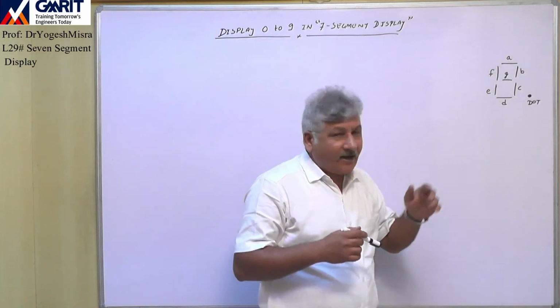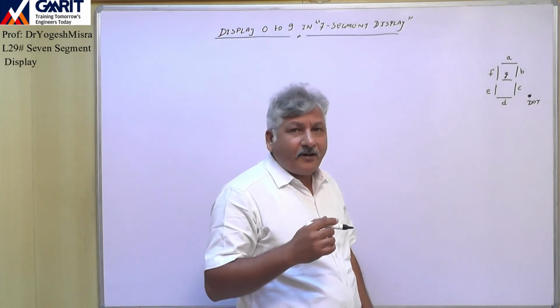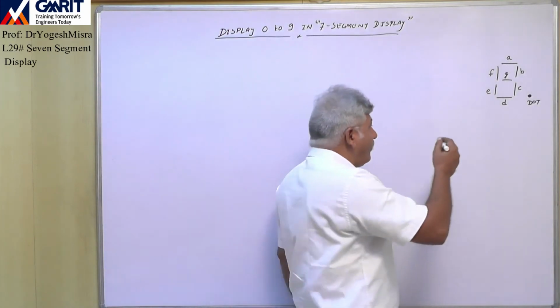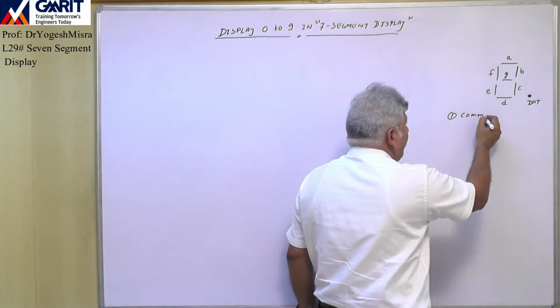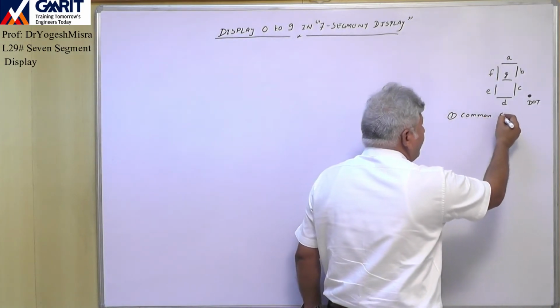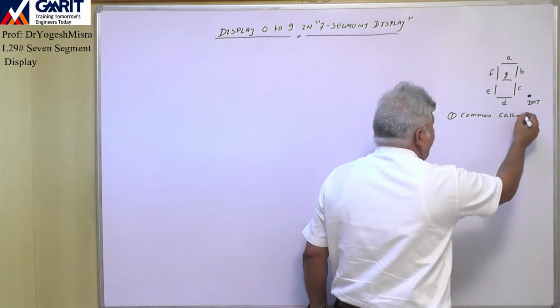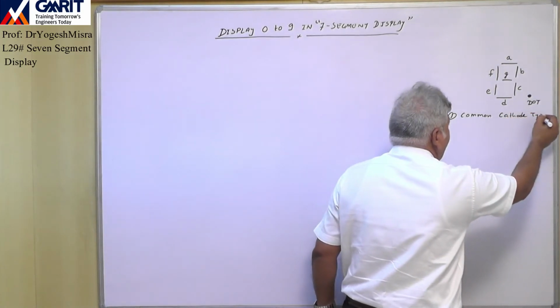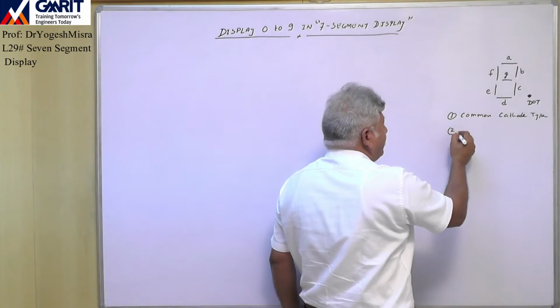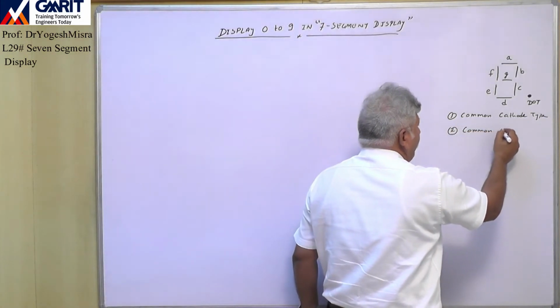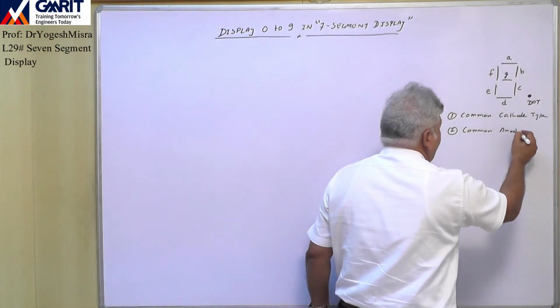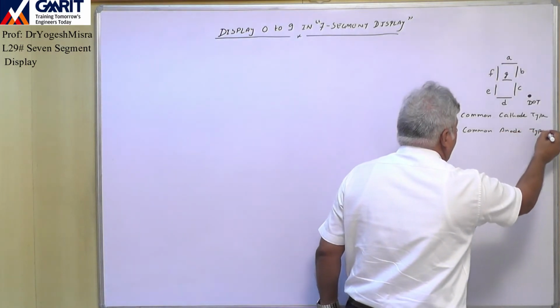This 7 segment display is available in the market in 2 forms. One is common cathode type, and the second one is common anode type.